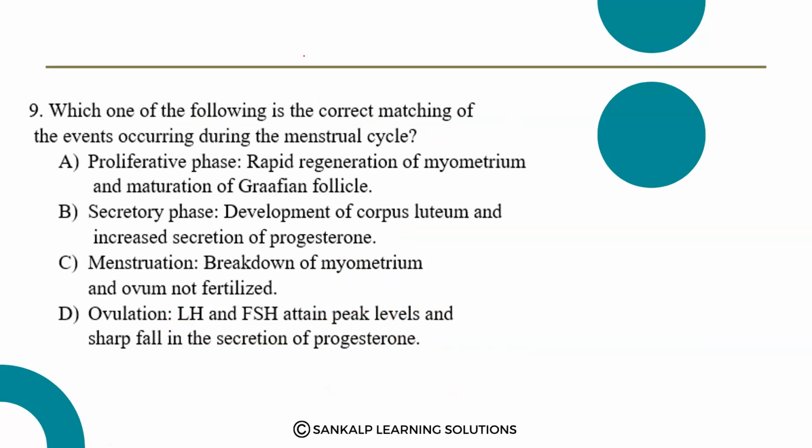Option B, secretory phase, development of corpus luteum and increased secretion of progesterone. Option C, menstruation, breakdown of myometrium and ovum not fertilized. Option D, ovulation, LH and FSH attain peak levels and sharp fall in the secretion of progesterone. These are the options.